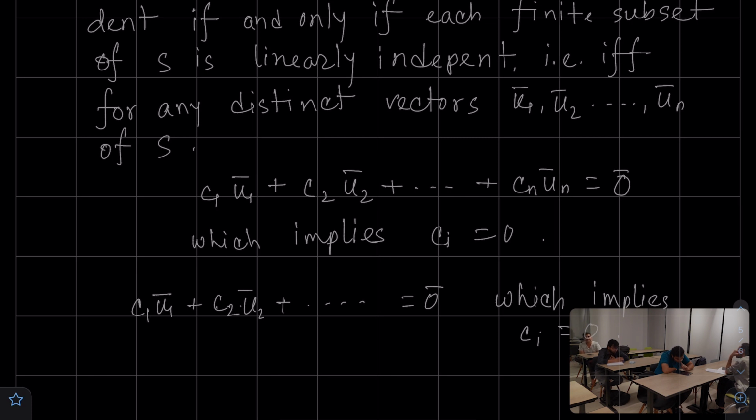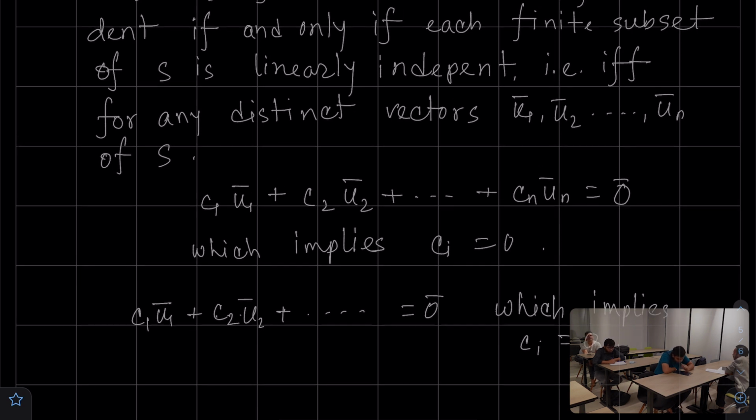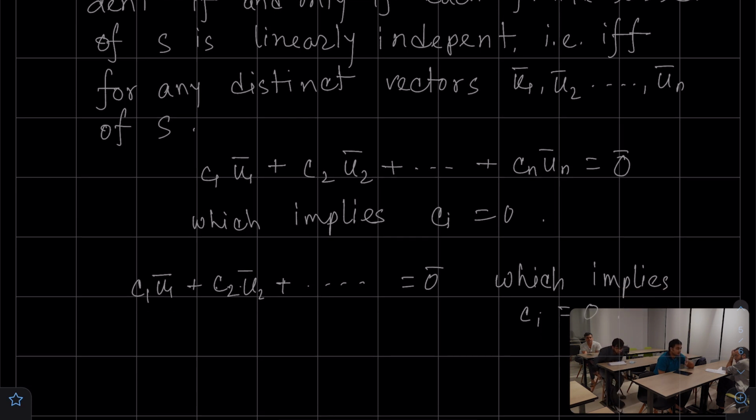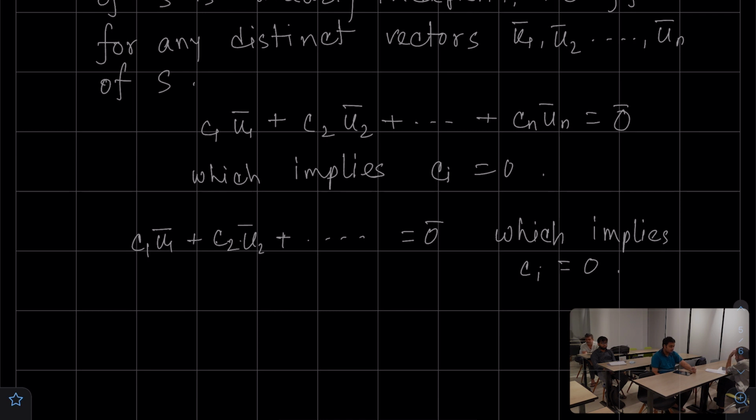So from this way, now in the forward direction, I'm considering S to be a linearly independent set. If this condition is true, then if we take a finite number of vectors, the finite summation will always be 0.